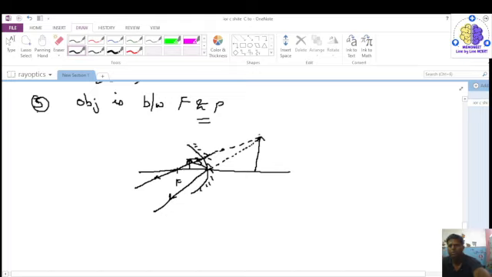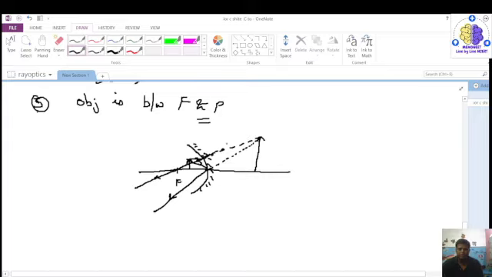Here is the point where the image has been formed. We can see here itself that it is enlarged, but the most important thing is the image here is formed by producing the reflected rays backwards.